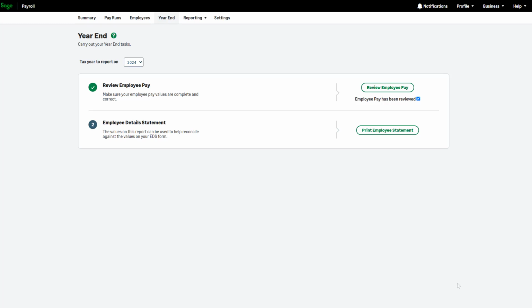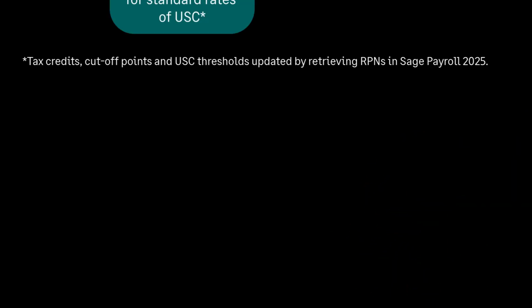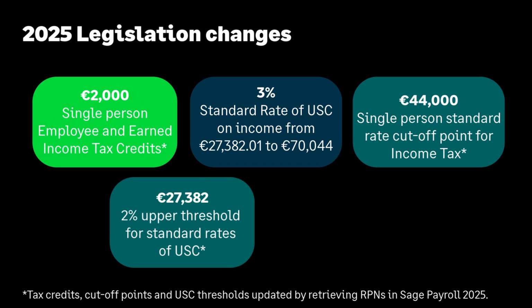Once you have completed both steps 1 and 2 within your Year End tab, you have completed your year end and you're ready to process in 2025. We'll now look at what's new for 2025. All changes to cut-off rates, tax credits, USC and any PRSI exemptions will be automatically applied in the programme on retrieval of the RPN from Revenue.